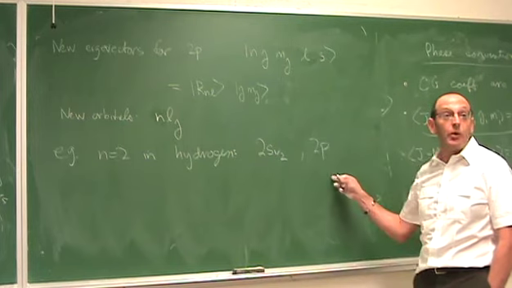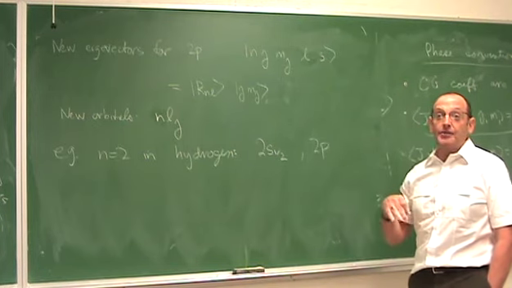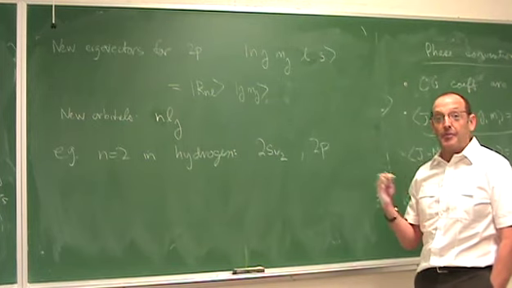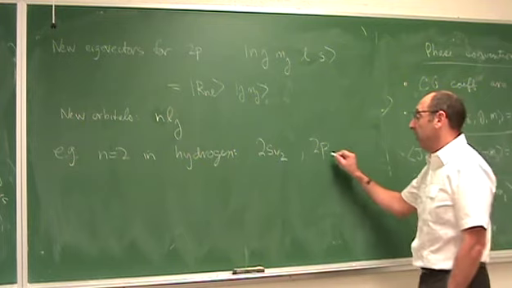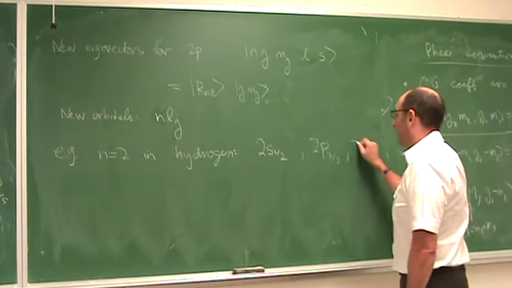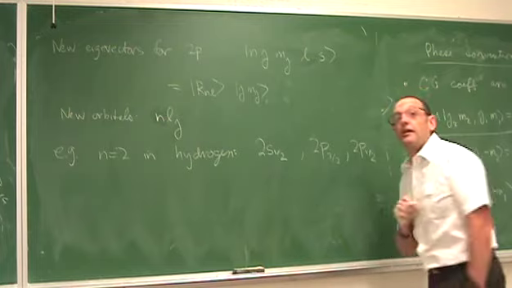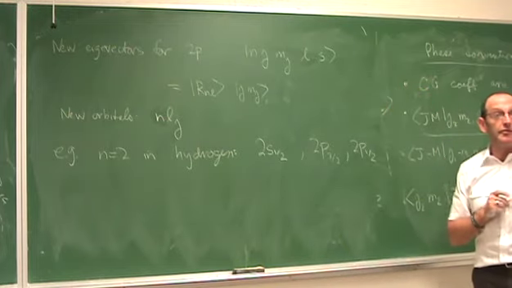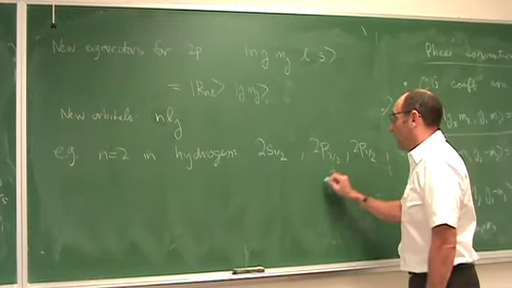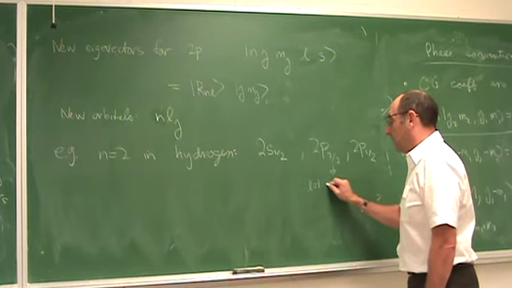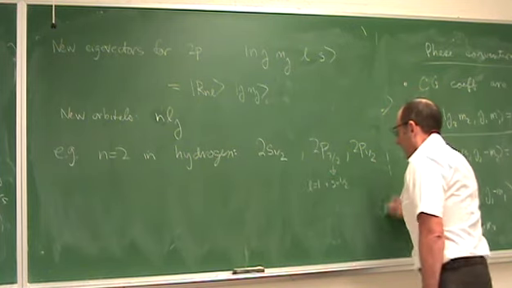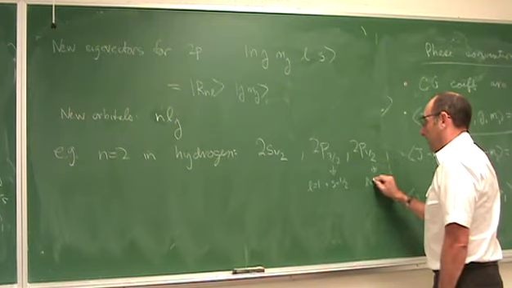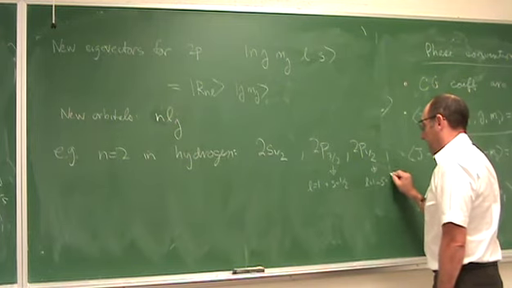Well, we had l equals 1. s was a half. So the possible values of j are j equals 3 halves, and j equals 1 half, right? This was for l equals 1 plus s equals a half, and this is l equals 1 minus s equals a half.